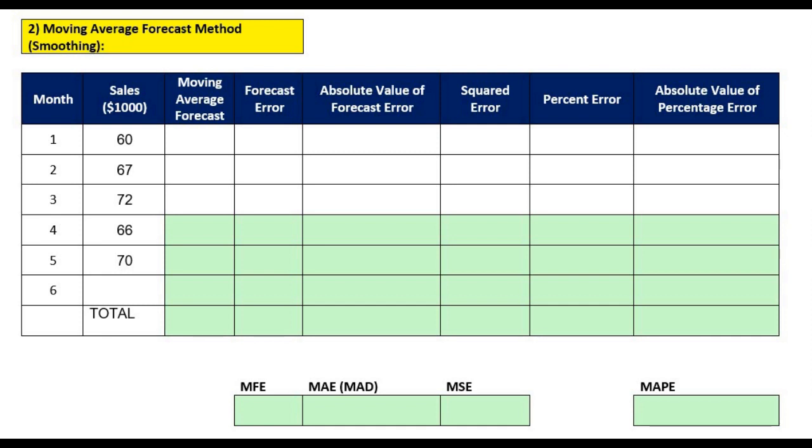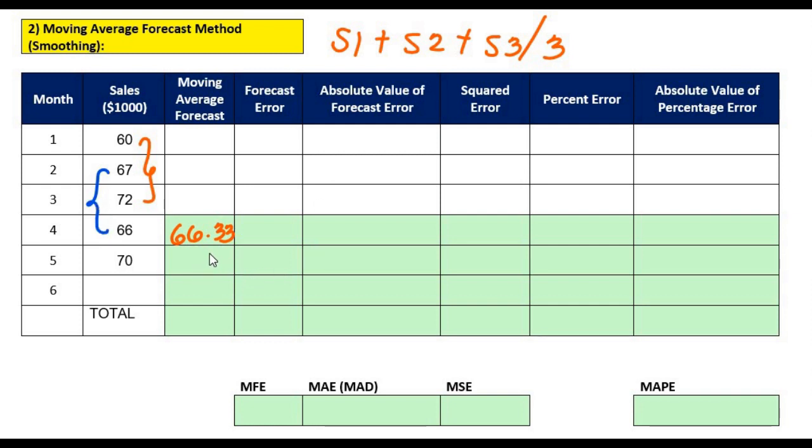For example, for month 4, that is the average of 60 plus 67 plus 72 divided by 3, or sales 1 plus sales 2 plus sales 3 divided by 3. That would be 66.33.